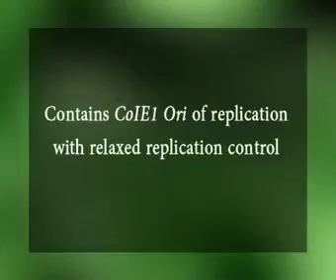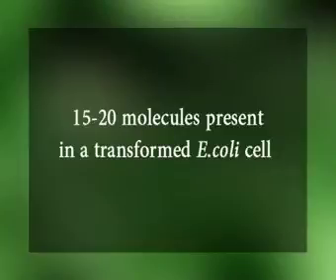This plasmid vector has been put together from fragments originating from 3 different naturally occurring plasmids. It contains the ColE1 origin of replication with relaxed replication control. Generally, there are 15 to 20 molecules present in a transformed E. coli cell.